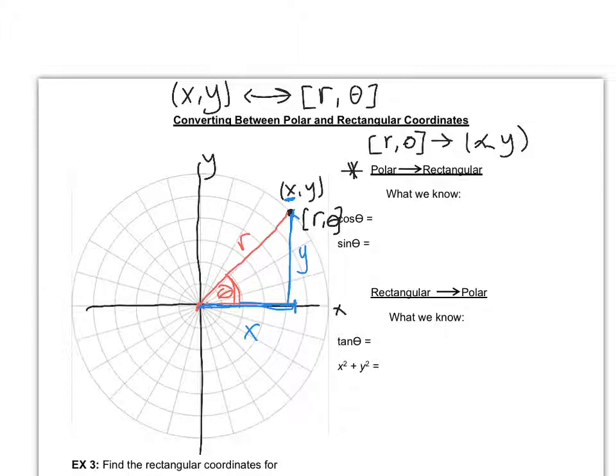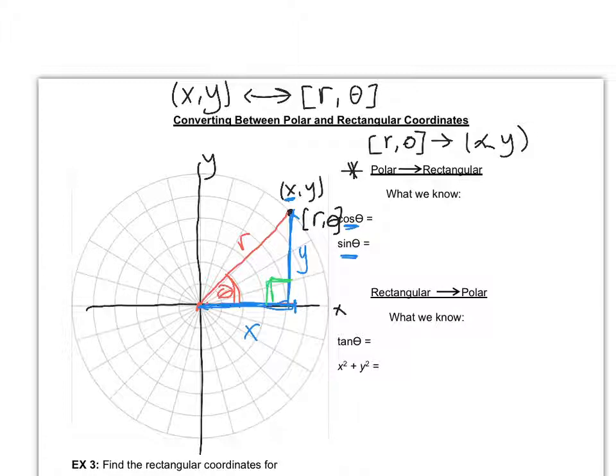And if I want to relate r and theta to x and y, as you can see here, we're going to use the cosine and sine functions, because what we have now when we actually draw a physical representation of our horizontal distance x and our vertical distance y, we have a right triangle, and there's lots of right triangle ratios that will help us.